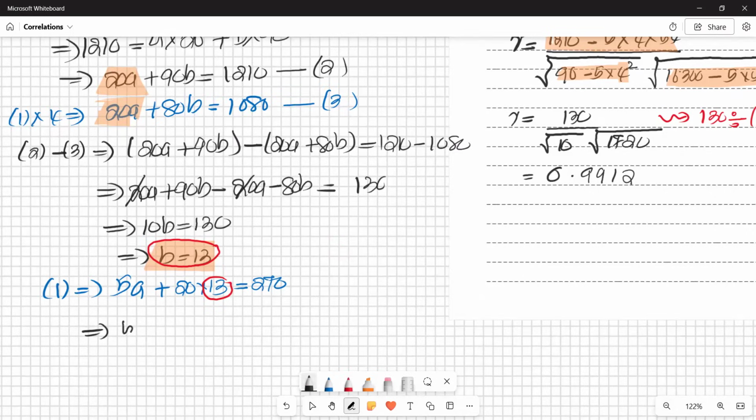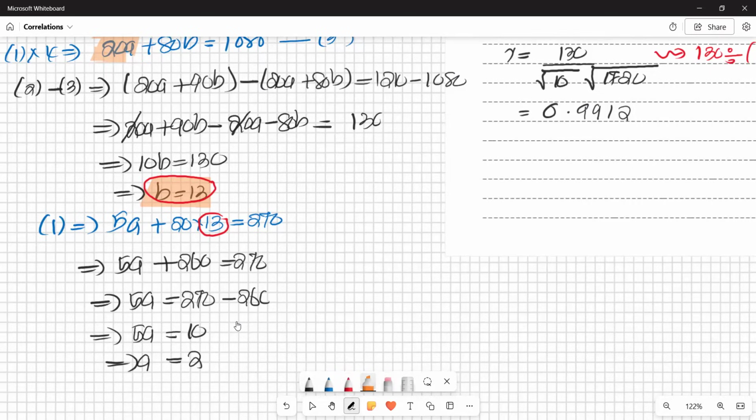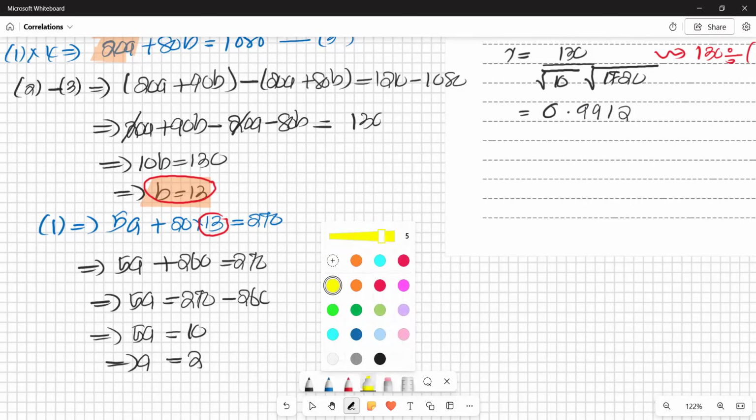Then 5a plus 260 equals 270. Bringing that 260 to the right hand side, 5a equals 270 minus 260. My language is not difficult, all are numbers. So a equals 2.